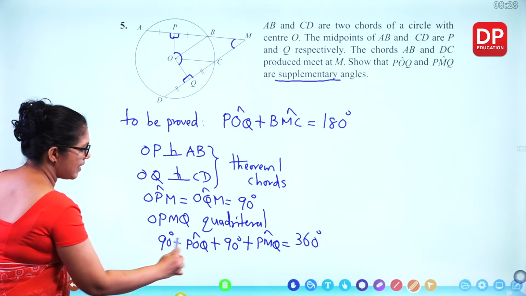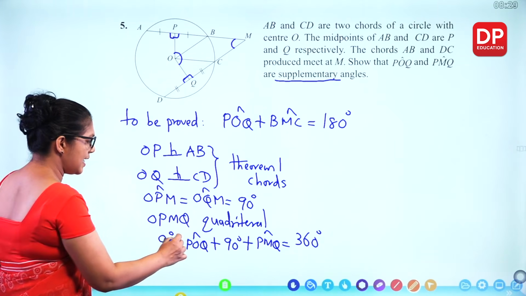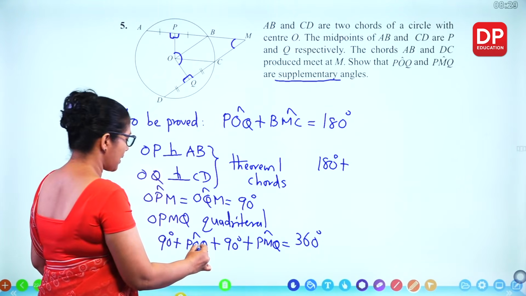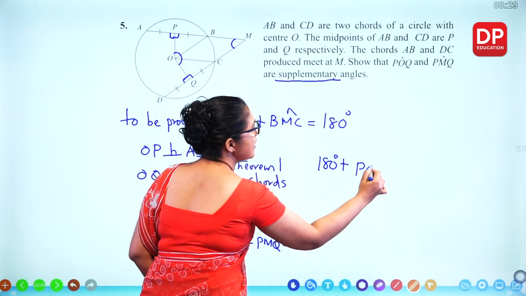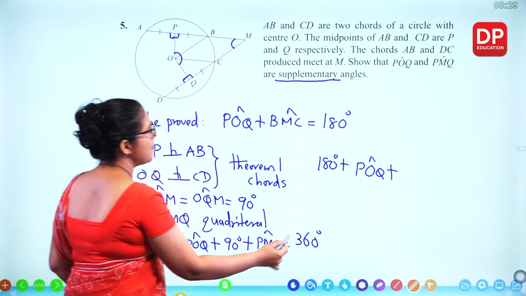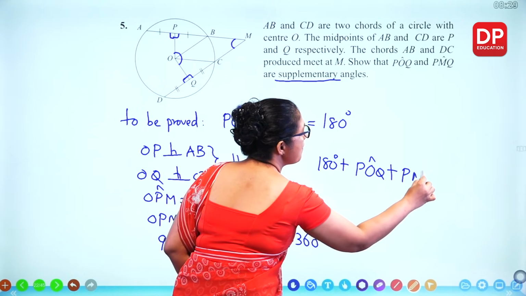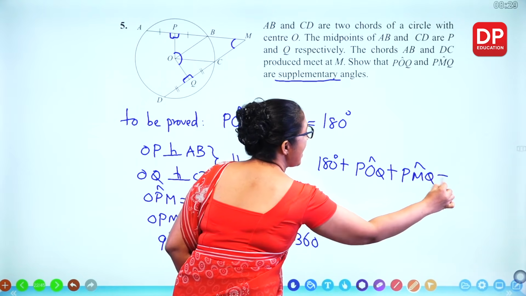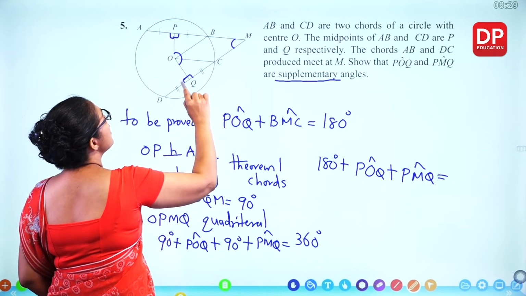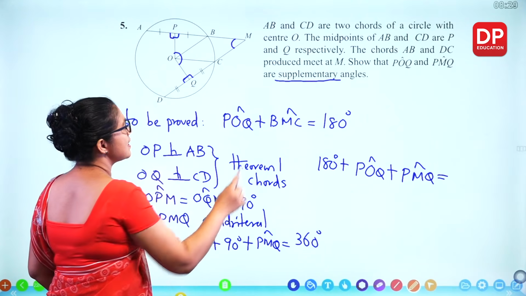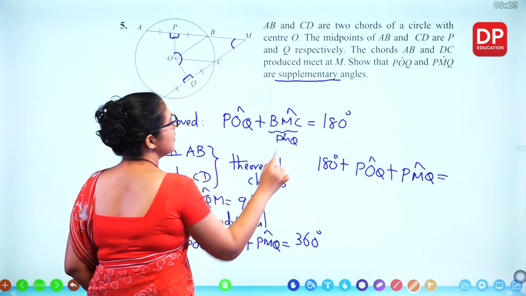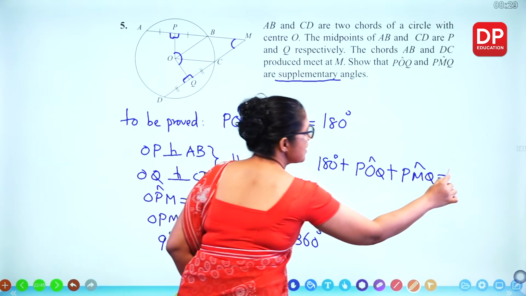Now try to simplify. 90 and 90 becomes 180. So 180 plus POQ angle plus PMQ angle is equal to 360.